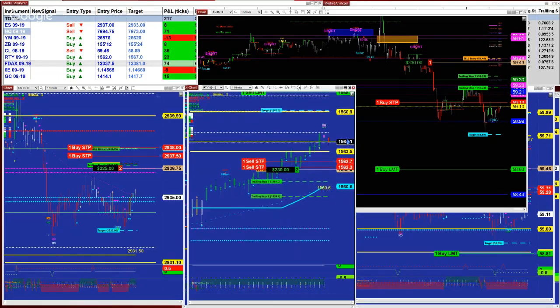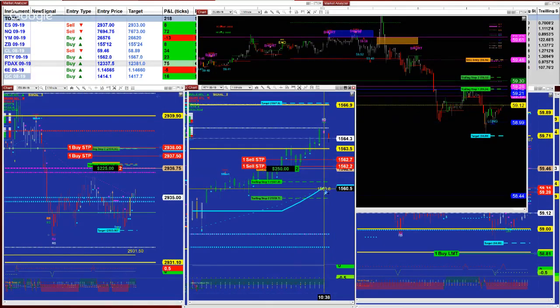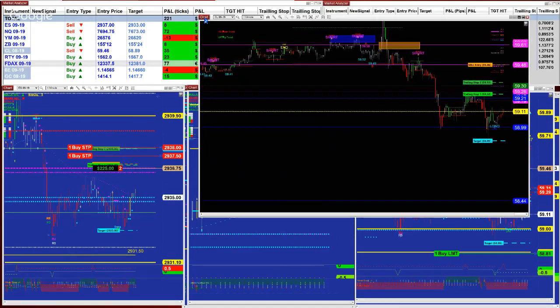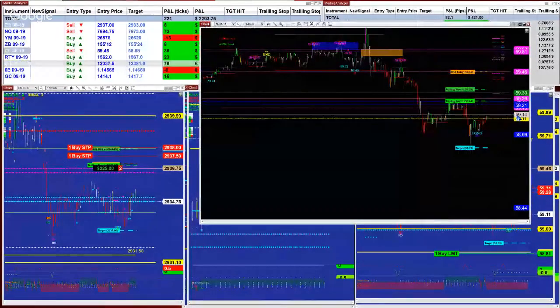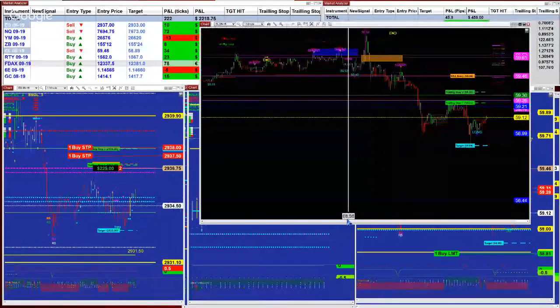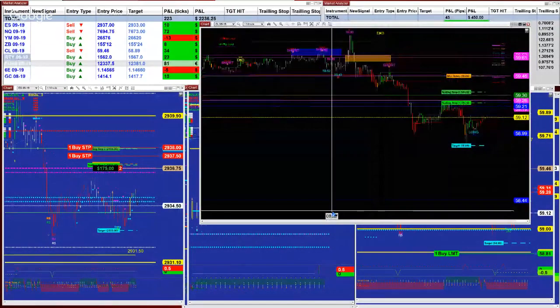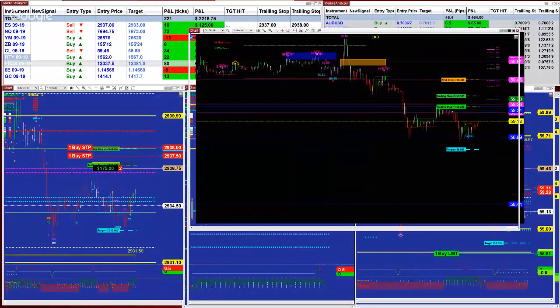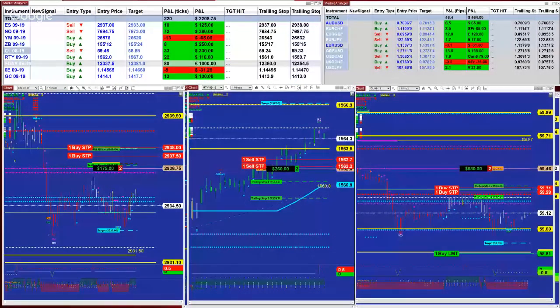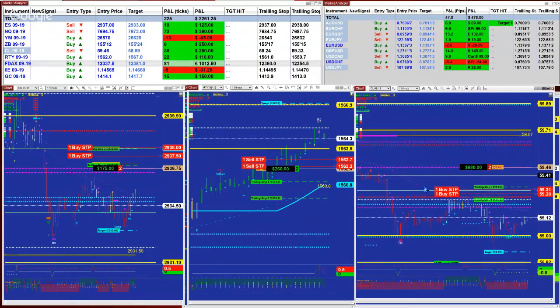And this is a pullback, and there is a good re-entry point right there. It's all right in front of you. And now we're waiting for a new signal. The signals are still here. So let's see what happens.